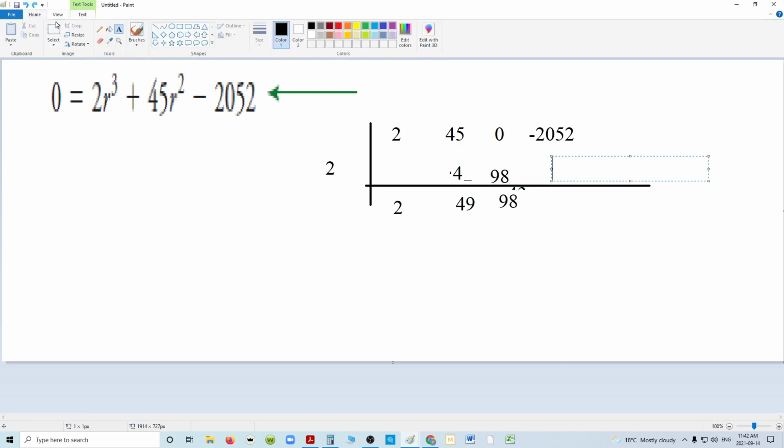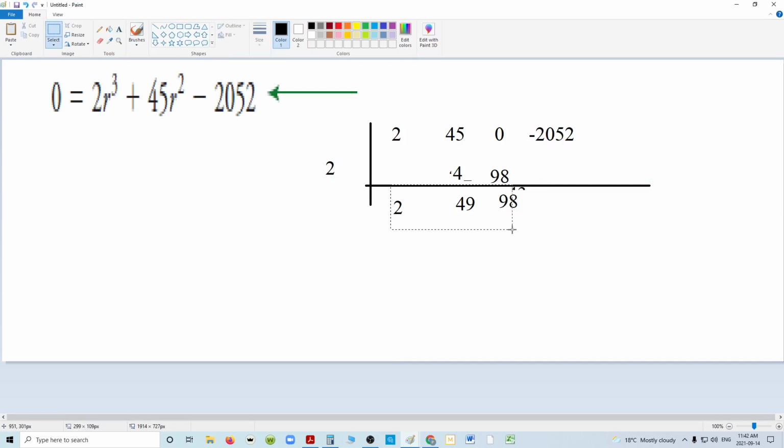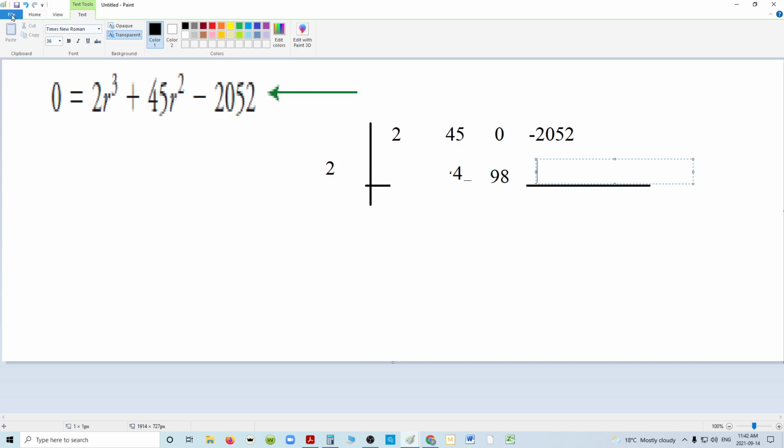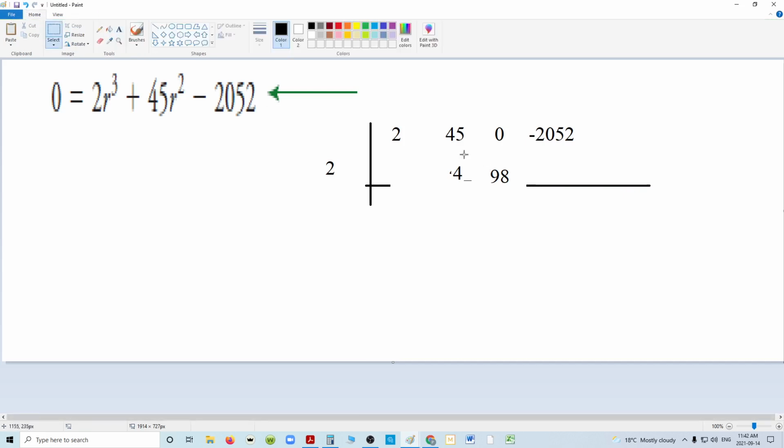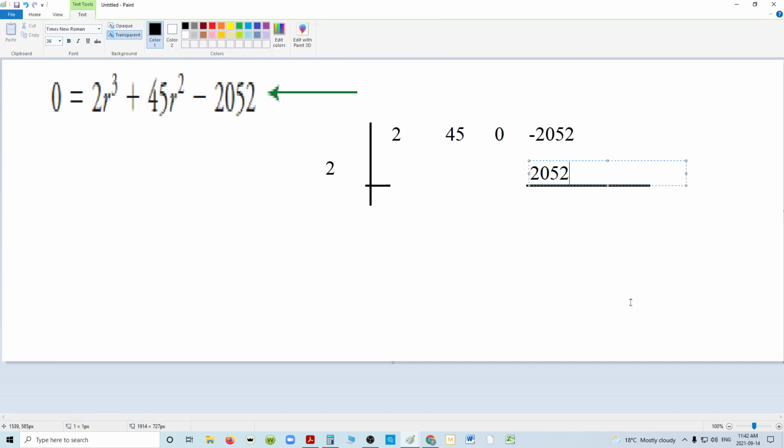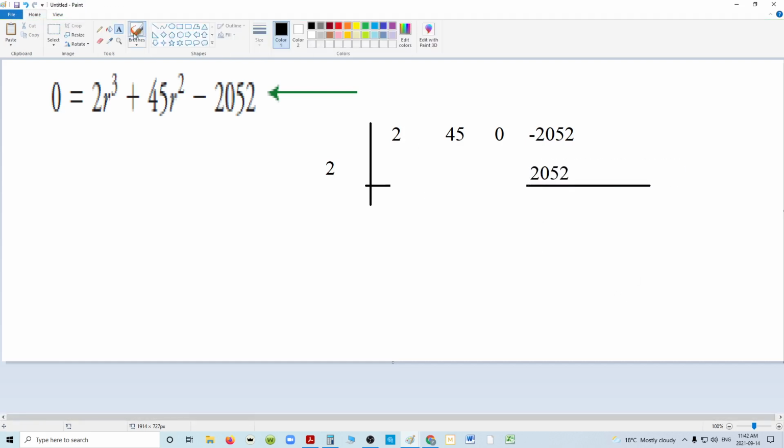You can also do this. Now look, this is a good technique. We know that our final number has to be 2052. Let's work backwards using synthetic division. We know our final number has to be positive 2052, and we also know that the number before that got multiplied by 2 to get there. So the number before that had to be half of that.